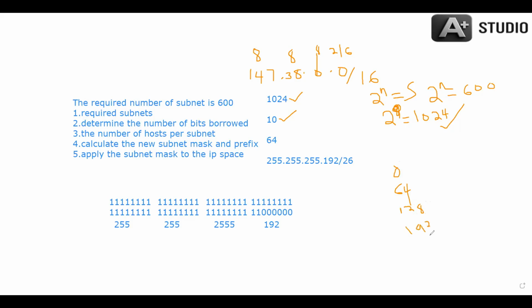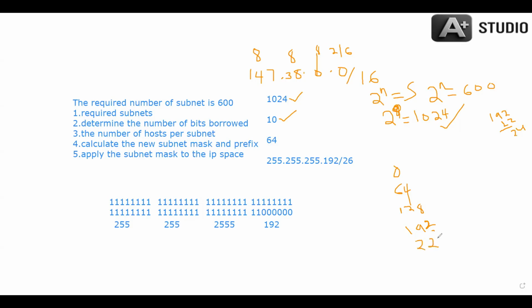Plus 64 gives us something more than that, so that won't be part. This is 32. Let me see. So 224. Okay. From here.